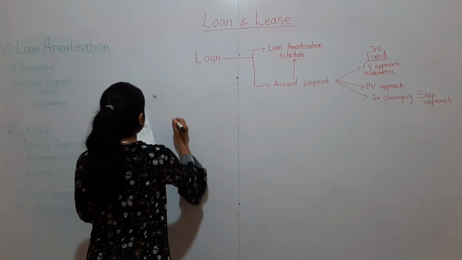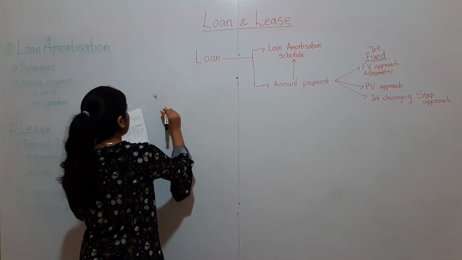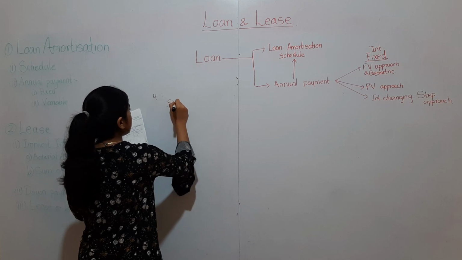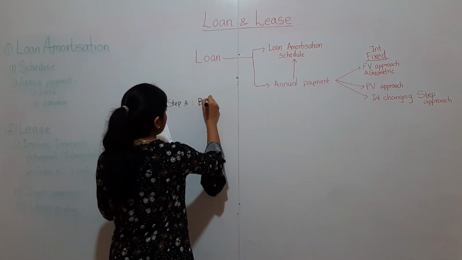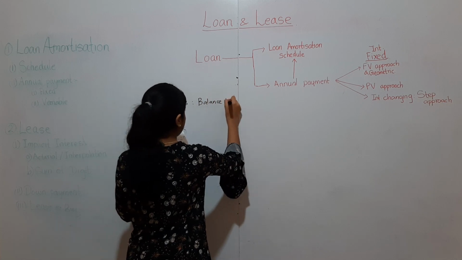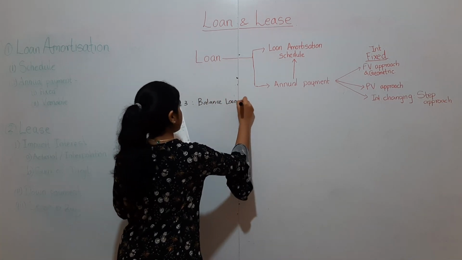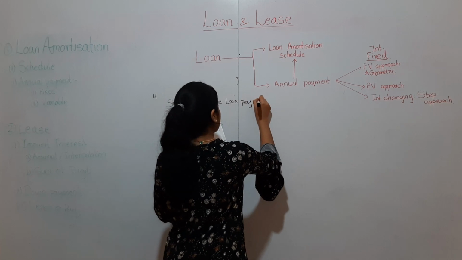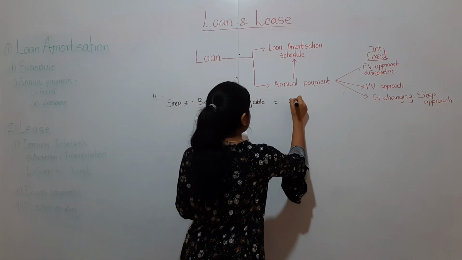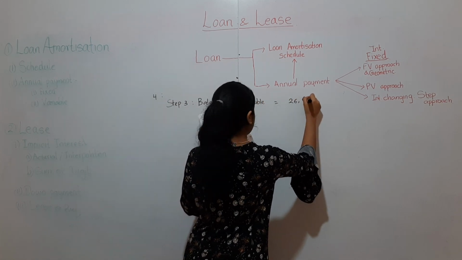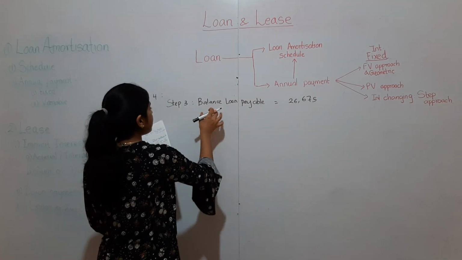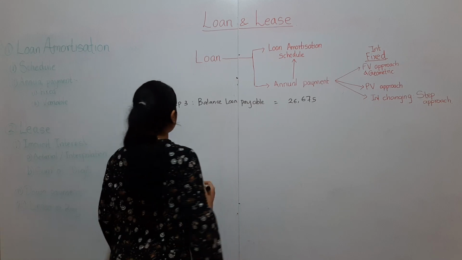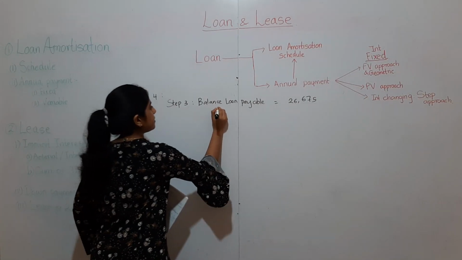Alright. So step 3 balance loan payable was 26,675. What is the interest rate? Now this is at year 9, isn't it?